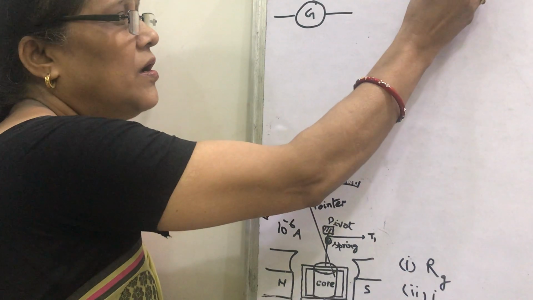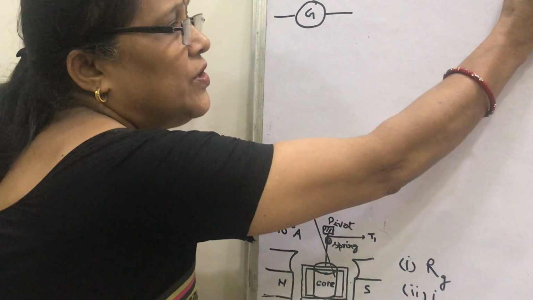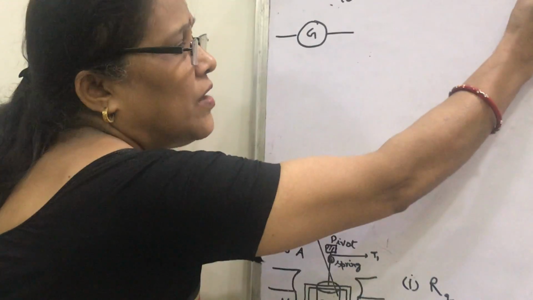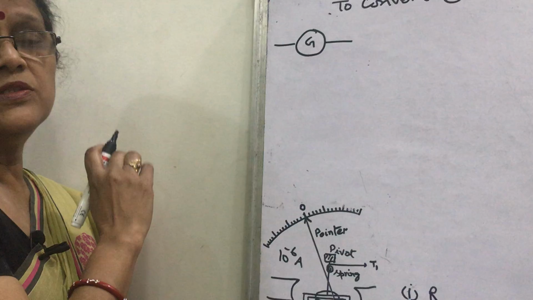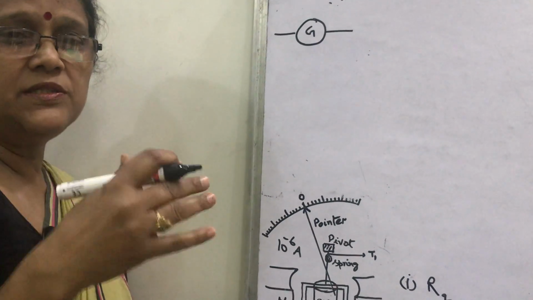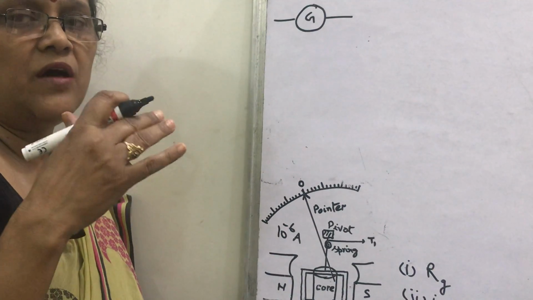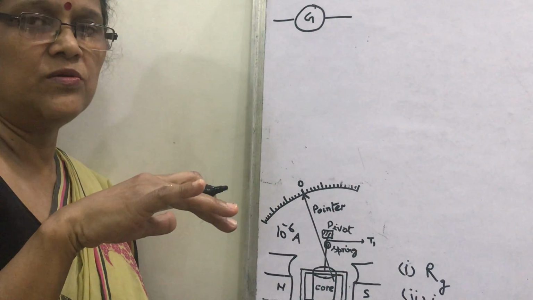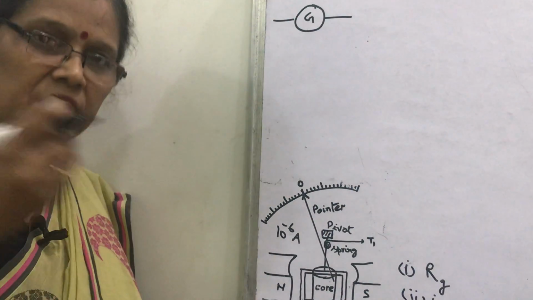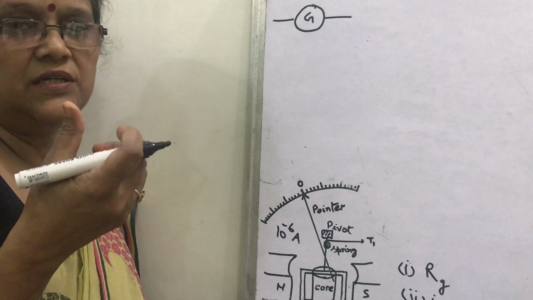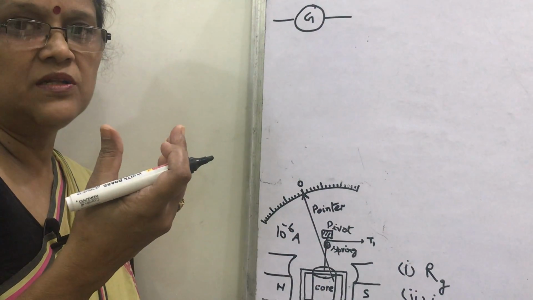Now to convert a galvanometer into an ammeter, what will you do? Look, since an ammeter measures the current in the circuit, what should the ammeter have? Its resistance less or more? Simply you will get the answer that since the total current is to be passed through it, current will pass only through the least resistance path.